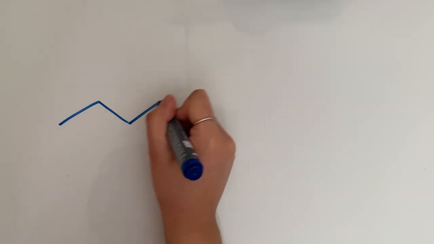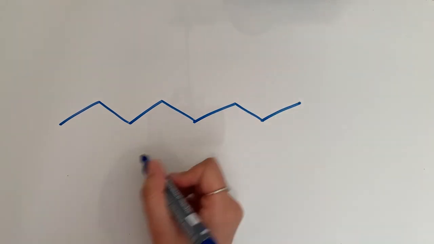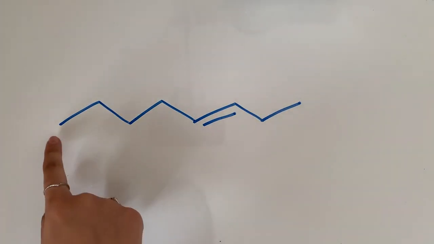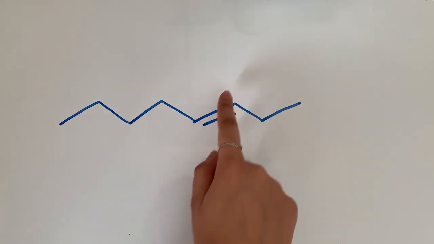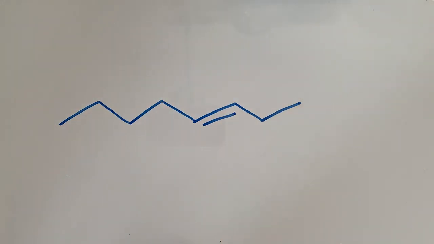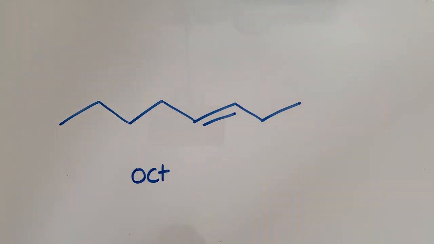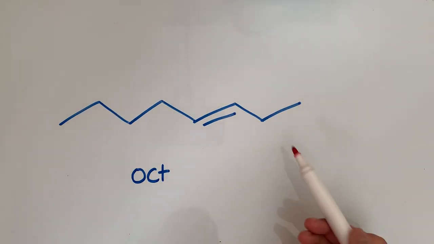Let's do some more examples, just so we get used to the names. So if we go for this molecule, that one there. Number of carbons, 1, 2, 3, 4, 5, 6, 7, 8. So that's oct. In terms of numbering, I need to start from this side.